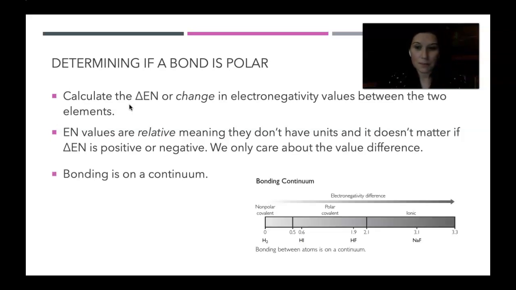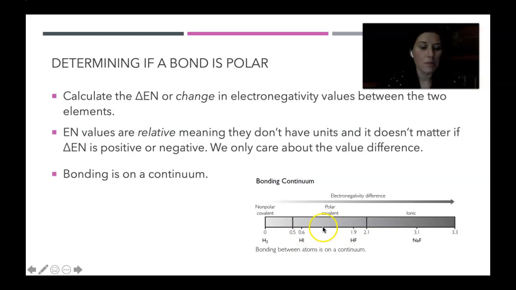And another reminder, bonding is actually on a continuum. There's not really a cut and dry, this is a polar bond, this is nonpolar, and this is ionic. So you can see here on this continuum a nonpolar covalent bond, like hydrogen to itself, has a difference of 0, then slowly the electronegativity difference will increase to polar covalent.